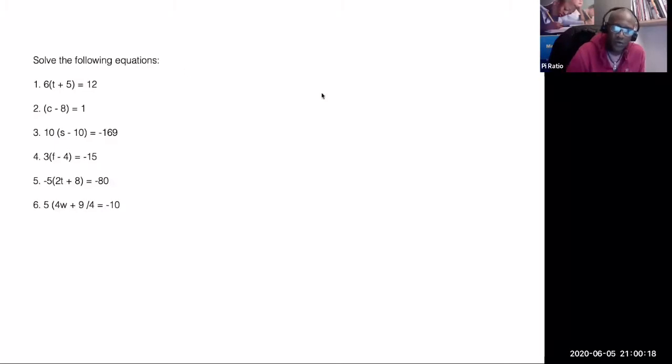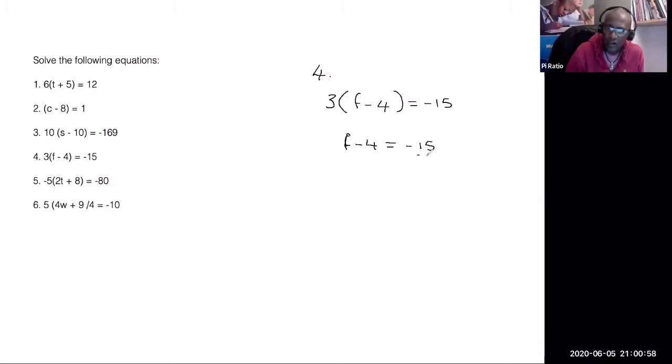Alrighty, question number 4. 3 then you have a bracket, then you have an F minus 4, and then close the bracket, and then you have equals minus 15. So the first thing you want to do is, the next line, you will have F minus 4 is equal to minus 15 over 3.